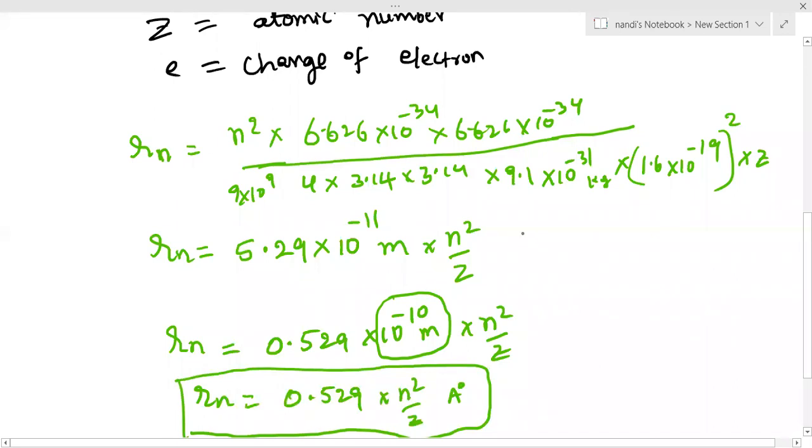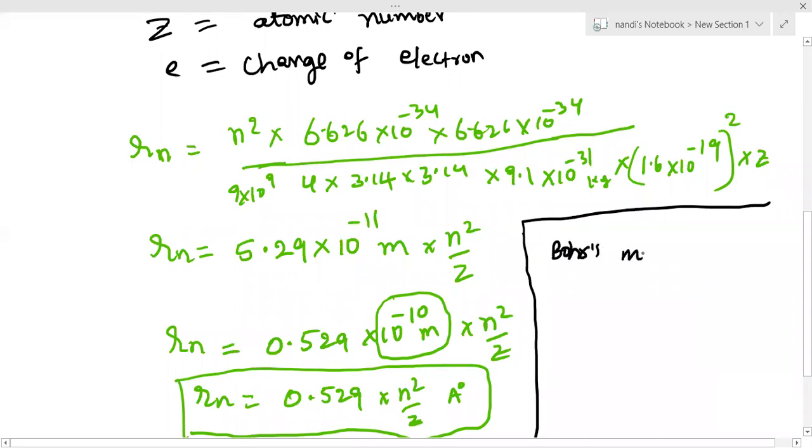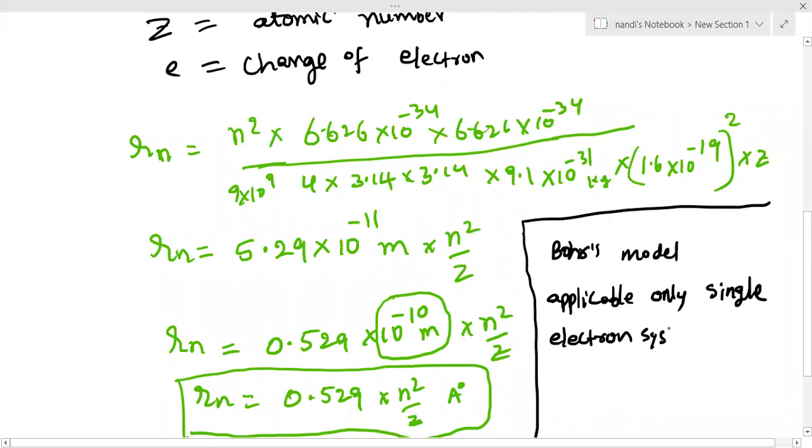Bohr's model, the limitation also we are going to discuss later. This Bohr's model is applicable only to single electron systems. Please check it.